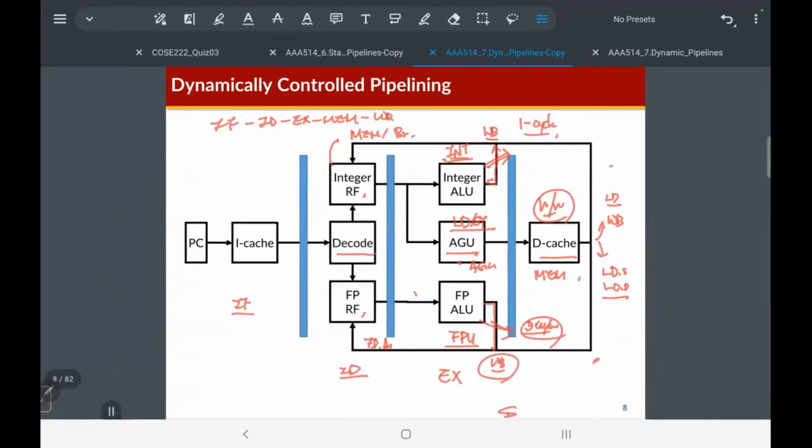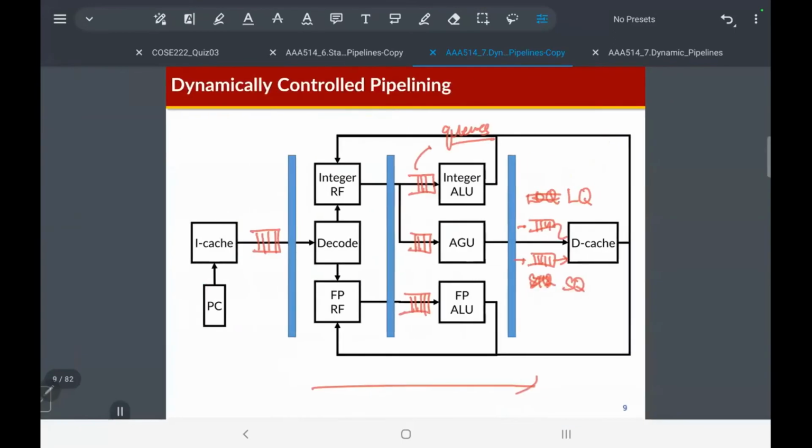In the statically scheduled pipeline architecture, we assume that every processing engine has a fixed delay, which means we can easily handle this fixed delay with a simple pipeline architecture.